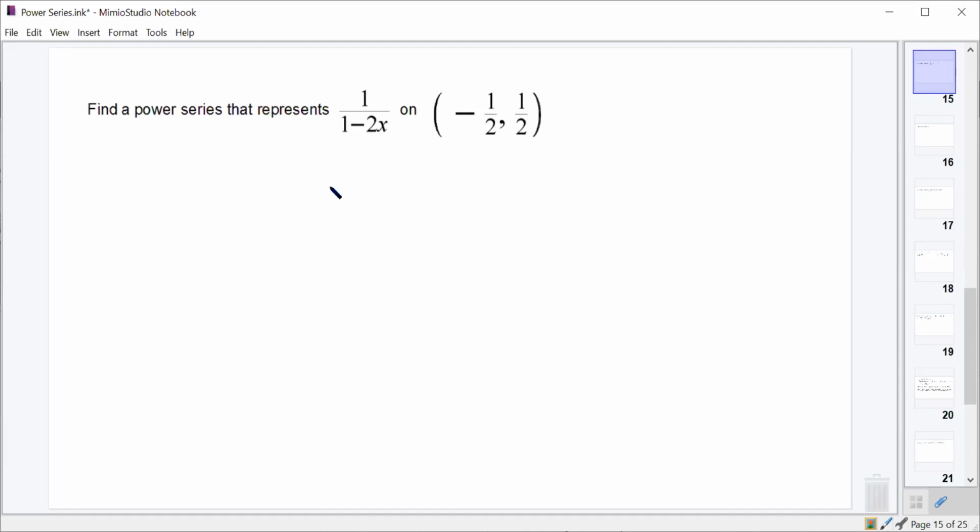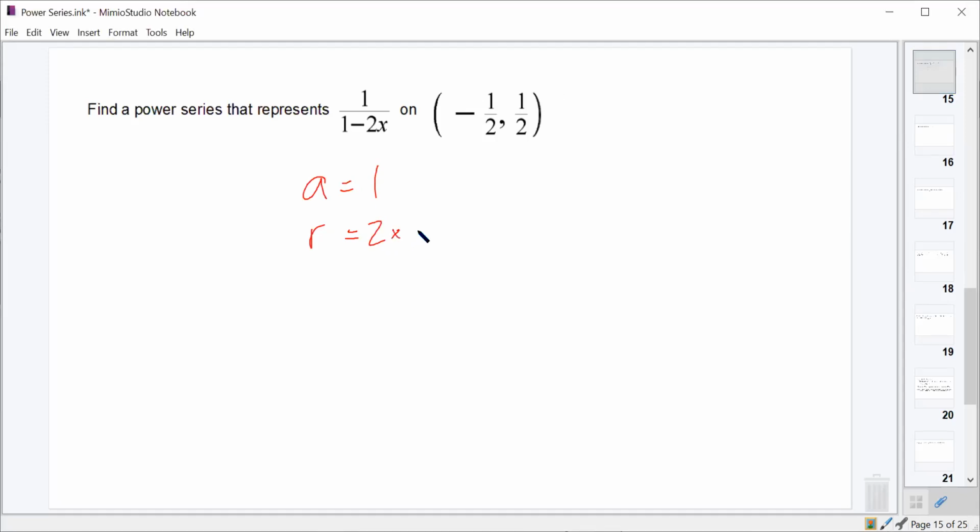This looks just like a is equal to 1 with an r value of... what's the r value? This is a over 1 minus r, right? So yeah, 2x exactly.